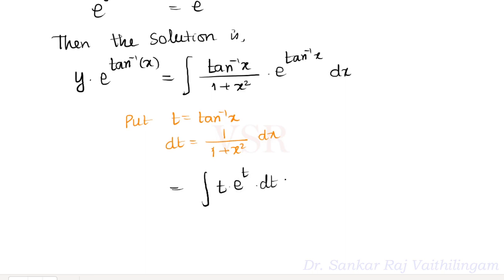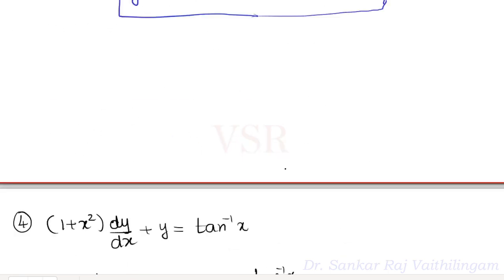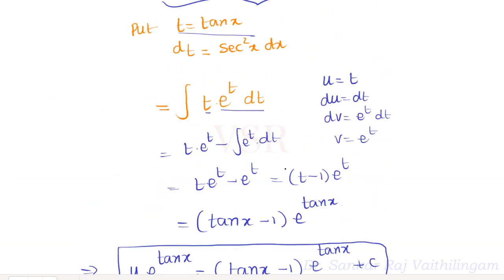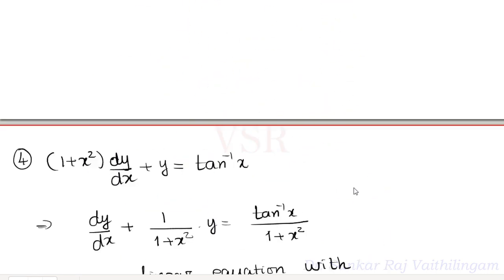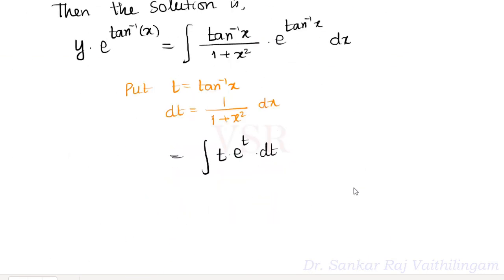Okay, did we have the same form in the previous problem? In the previous problem I got t e to the power t dt, and the answer for that is t minus 1 into e to the power t. That is the answer. So this is equal to t minus 1 into e to the power t. Refer to the above problem.